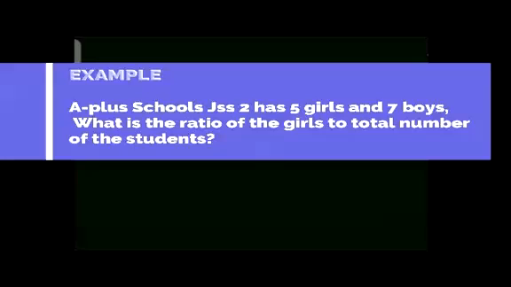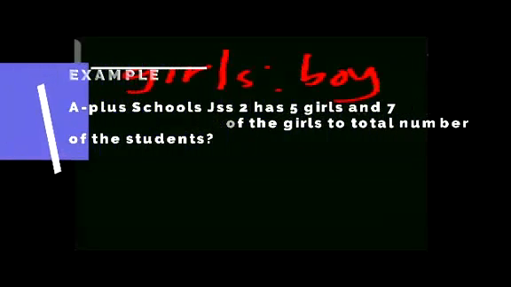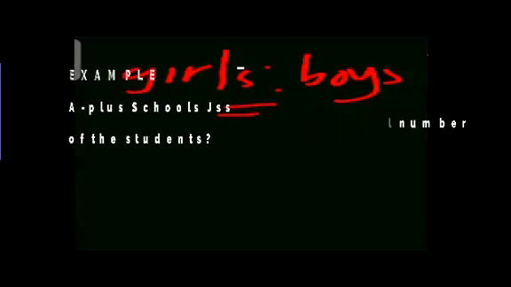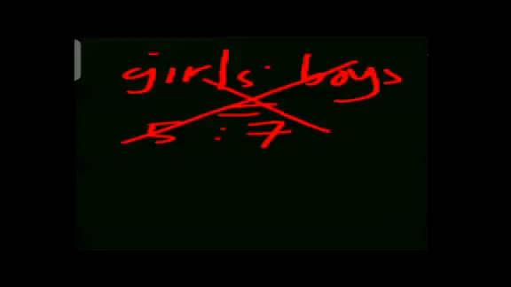If the question says what is the ratio of girls to boys, you could have said this is 5 ratio 7, because they say 5 girls and 7 boys. So the ratio of girls to boys will be 5 to 7, and that is not exactly what we are asked to find. That is why I said questions should be read carefully.